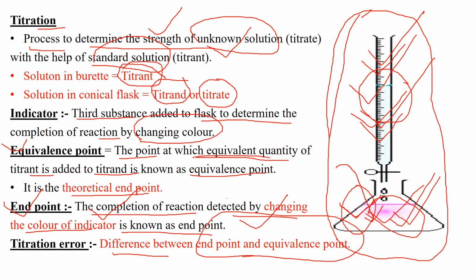It is mainly due to the indicator, which requires some time to change color after the exact amount of titrant is added to the titrand. So the endpoint is obtained only after the equivalence point, because the indicator takes some time to change color. However, the equivalence point is already obtained.